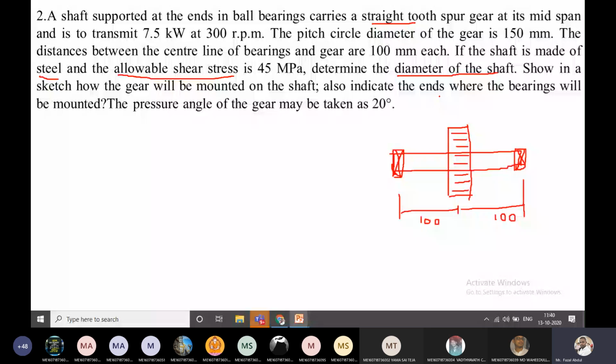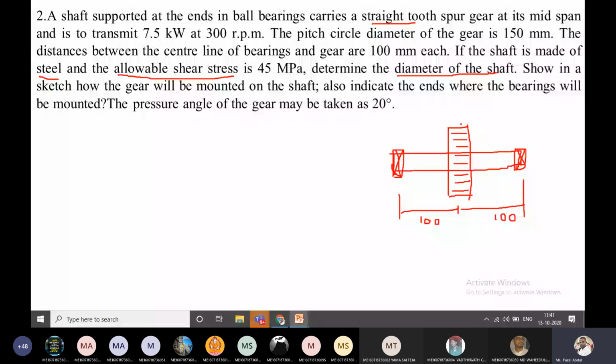And next, because the gear is transmitting the power of 7.5 kilowatts, the shaft is subjected to torque. Because of this, the shaft is also subjected to bending moment. So here it is subjected to a combination of torque and bending moment.